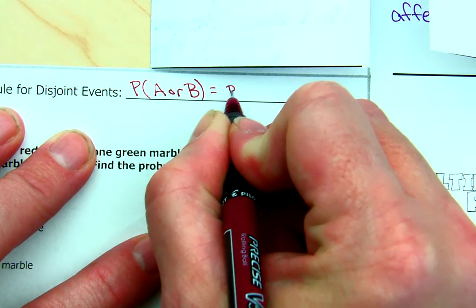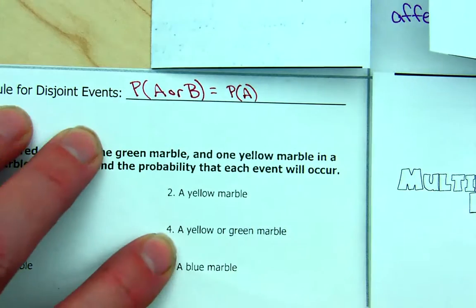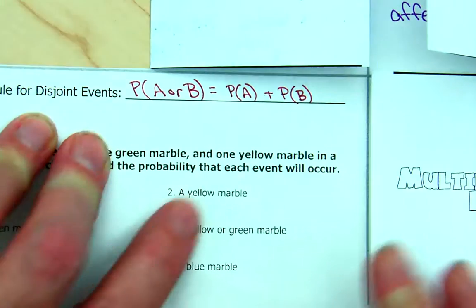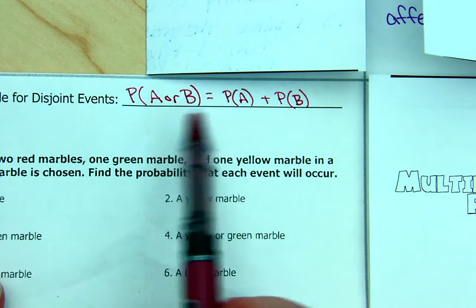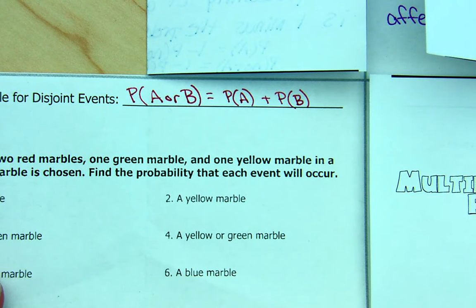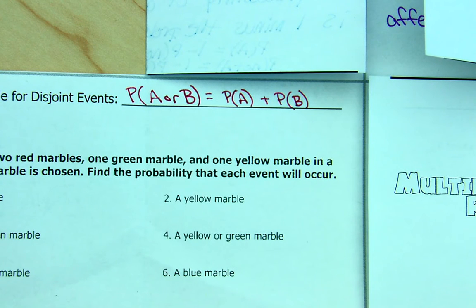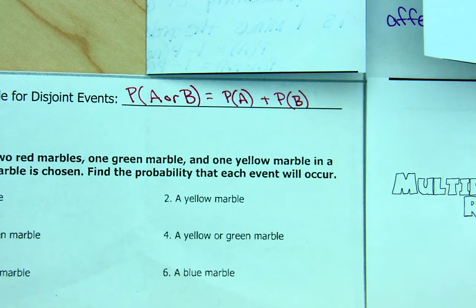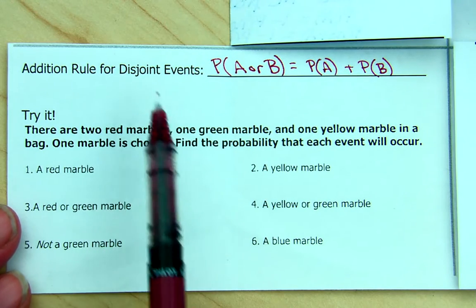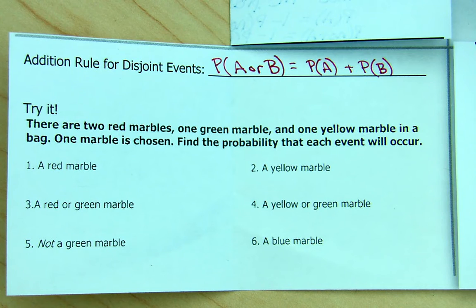So we would just do the probability of A plus probability of B. So if it's A or B, just find the probability of each one and add them together. Yes? So this is if they are disjoint, if they couldn't both happen at the same time.